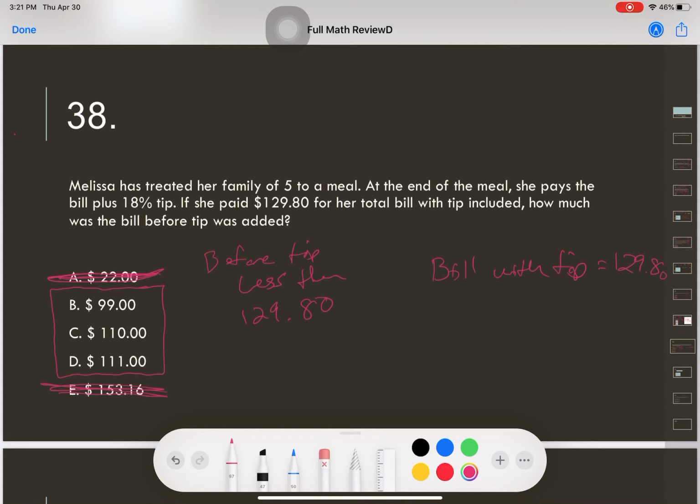even close to $129. So the best way I can tell you to do this one is say 99 times 18%, 110 times 18%, and 111 times 18%. See what each of those give you, and then whatever you get, add it back to the original.